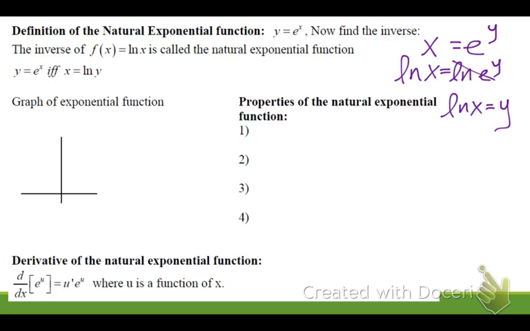So that's the proof that these are inverses of each other. The exponential function is the inverse of the natural logarithmic function. If we look at the graph, if you have some different colors, you might want to use them. So here's the graph of the logarithmic function. It looks like this, and it follows that asymptote all the way down.